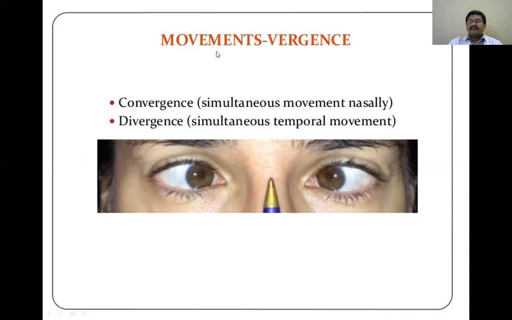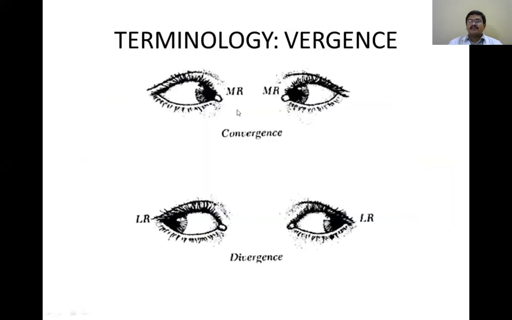The disconjugate movements are the convergence and divergence. In the versions, the eyes will move in one direction, to the right or to the left. Here, they will move in different directions. Convergence is simultaneous movement to the nasal side. Divergence is simultaneous movement to the lateral side.